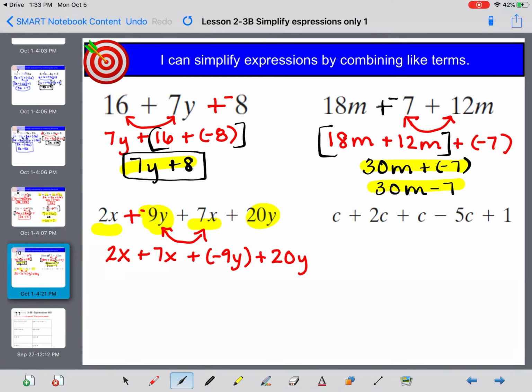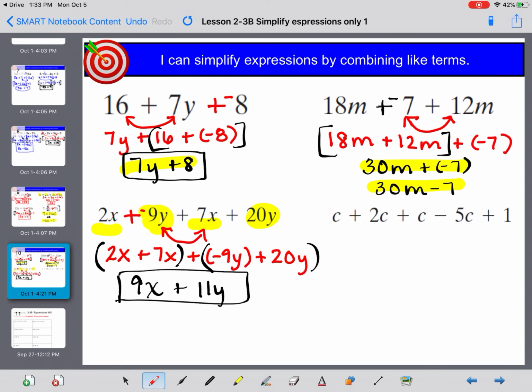Then the associative property changes the grouping. So I can group these and I get 9x. And then I add negative 9y plus 20y is 11y, positive 11y. And that is my answer right there, simplified expression.